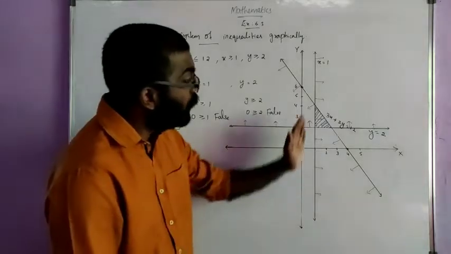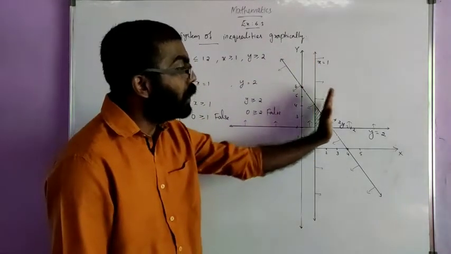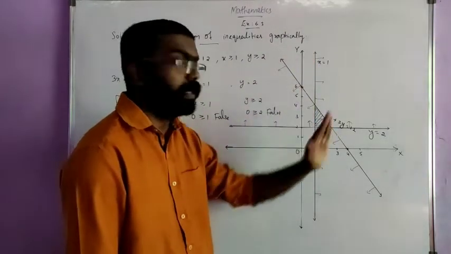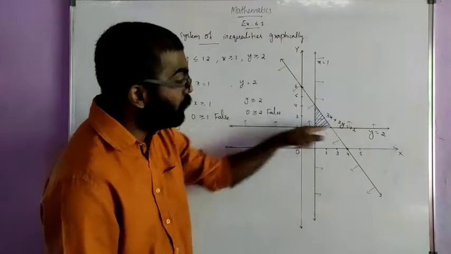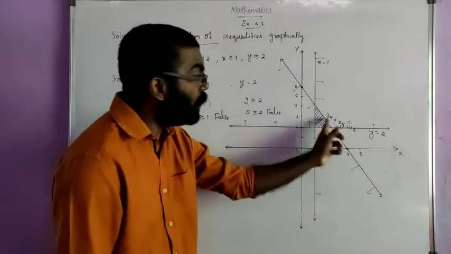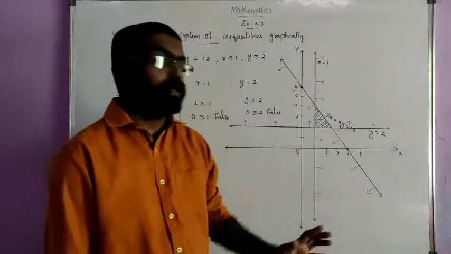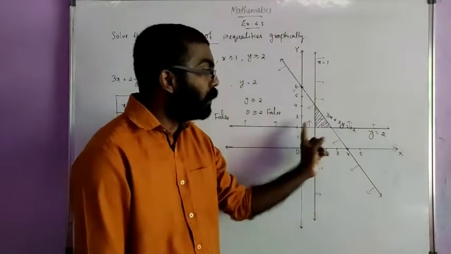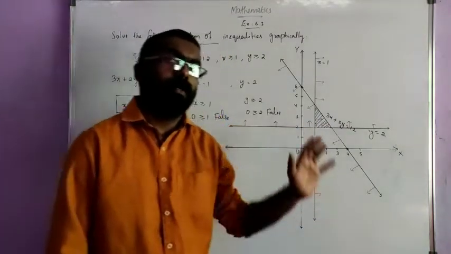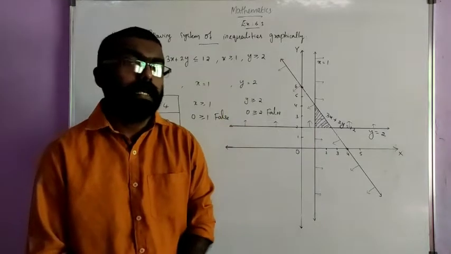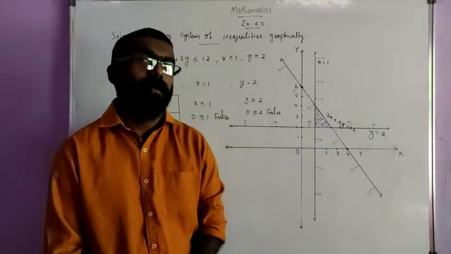Okay, once again, right part of x equal to 1. Right part of this line, upper part of this line, lower part of this line. So the common portion will be this triangular region. So this shaded portion is the solution region. Clear?